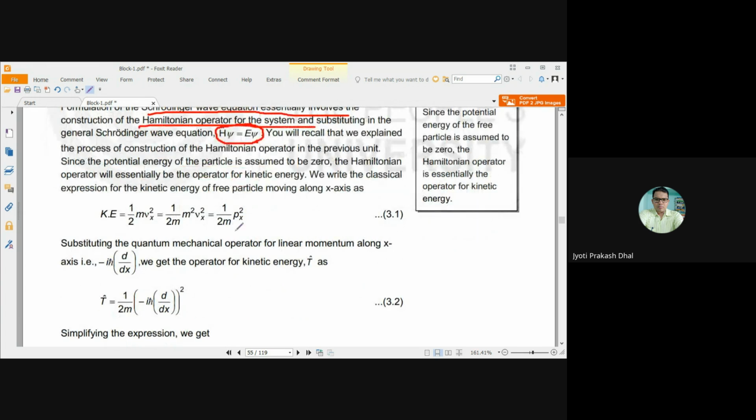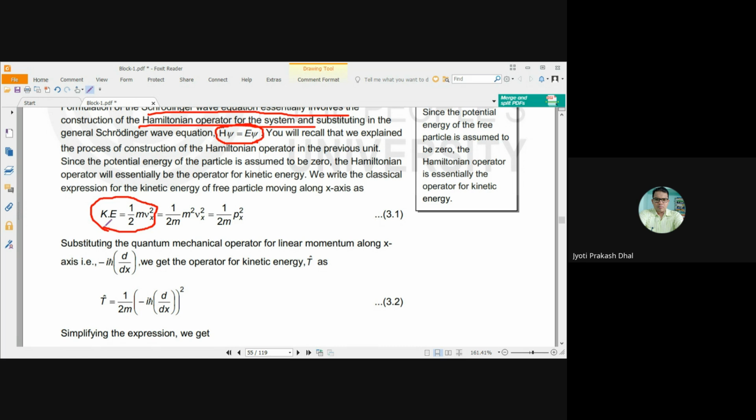And as we are considering the potential energy to be zero, the total energy is equal to the kinetic energy. So the kinetic energy of the particle will be half m vx square, as the particle is moving along the x-axis only, in one dimension. Here vx is the velocity of the particle along the x-axis.